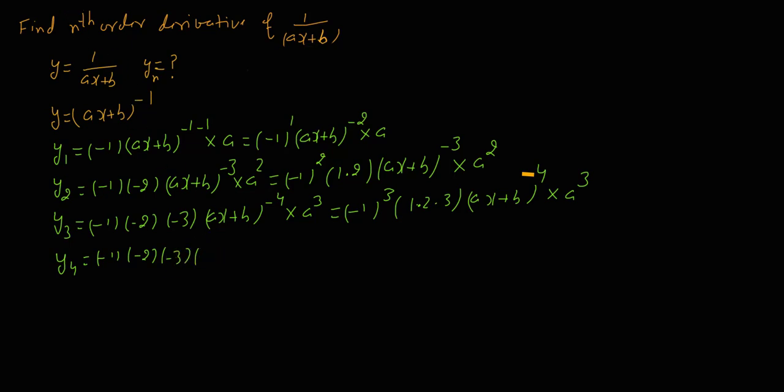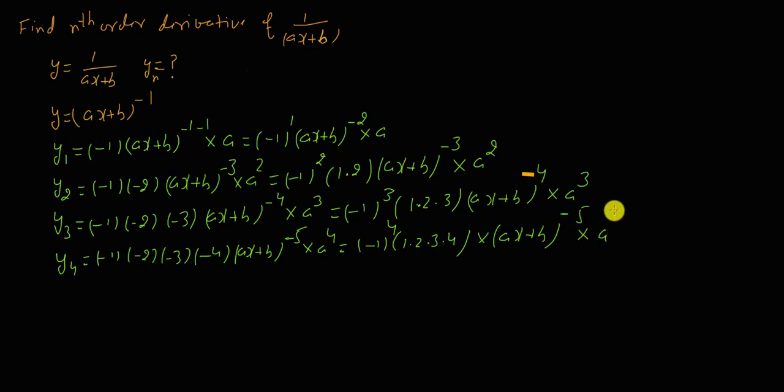It will be minus 4 (ax plus b) raised to the power minus 5 into a4, is equal to minus 1 raised to the power 4, 1, 2, 3, 4, into (ax plus b) raised to the power minus 5 into a4. Now do the simple generalization yn.